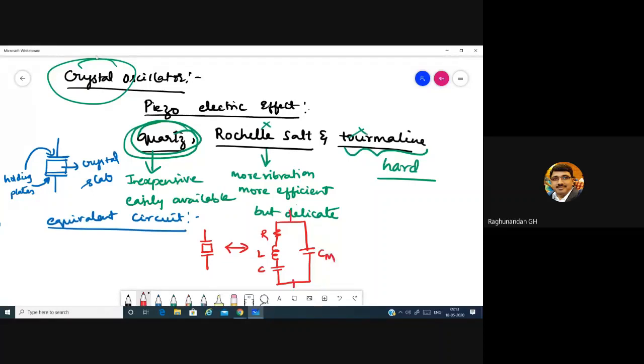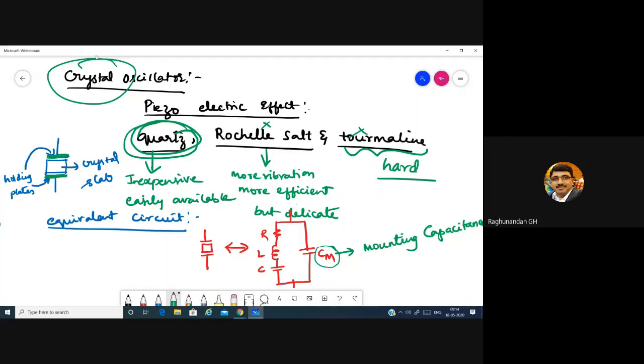You might think, what is this CM we are getting here? The CM is known as the mounting capacitance. So what is this mounting capacitance? The mounting capacitance is the capacitance which is built because of these holding plates.